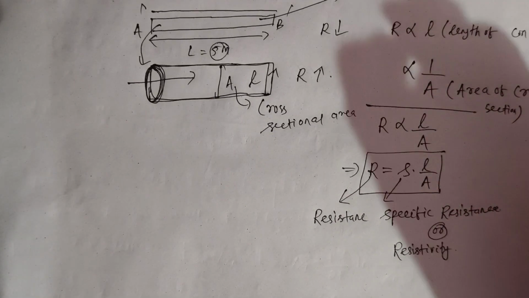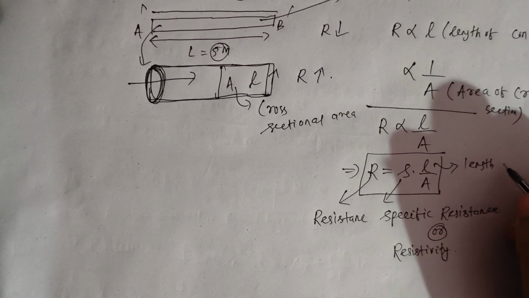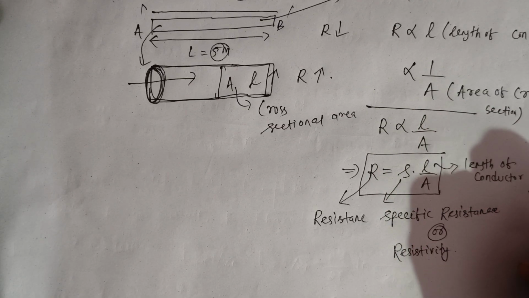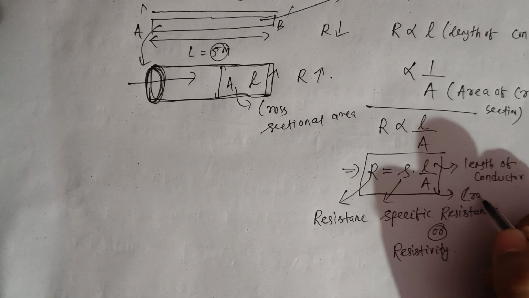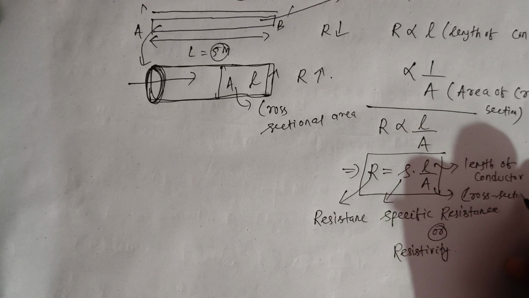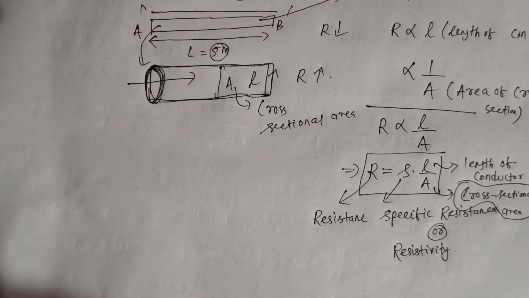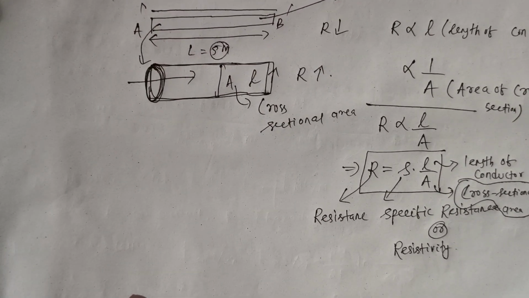L is length of conductor. A is cross sectional area. Clear? Yes or no? Very simple. So R equals rho into L by A.